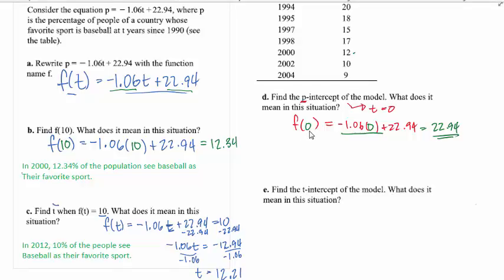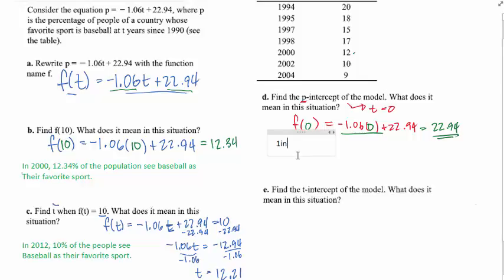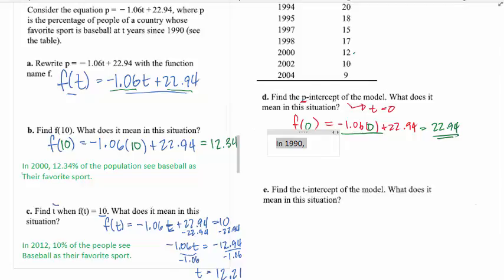The t is the time, so that's 0 years since 1990. So that's exactly 1990. So let's get that down here in 1990. So in the year 1990, the percentage that we calculated was 22.94.